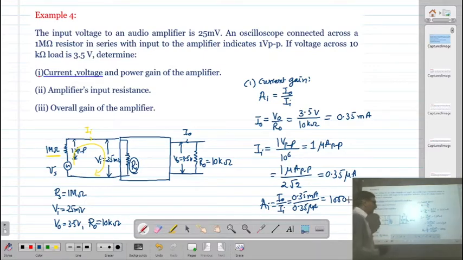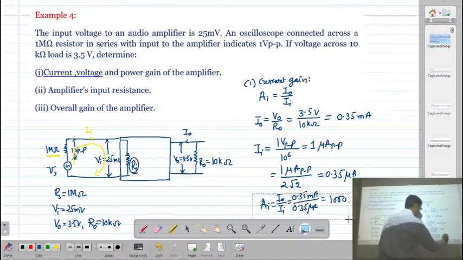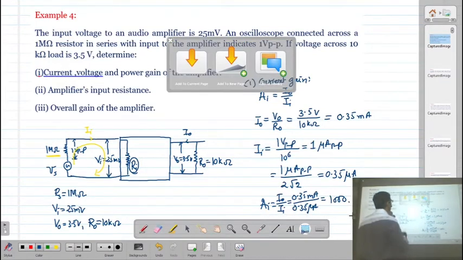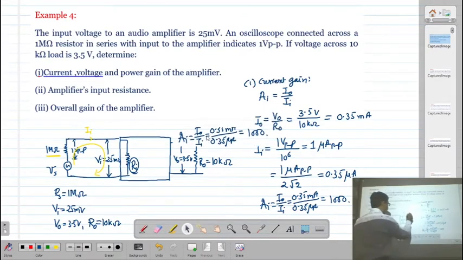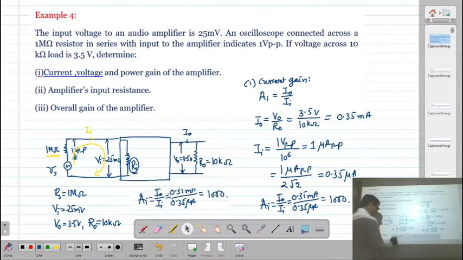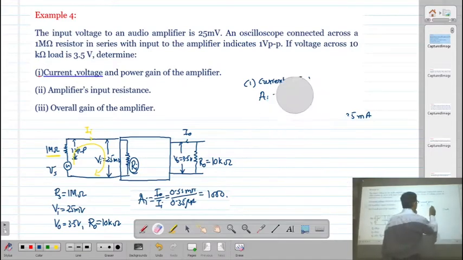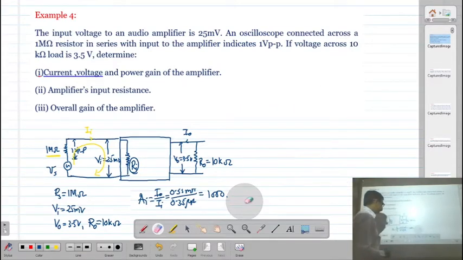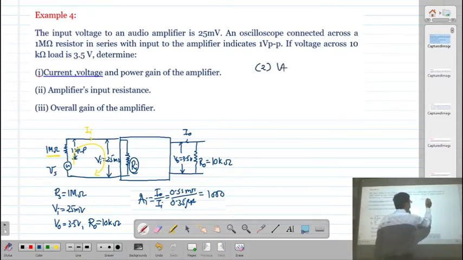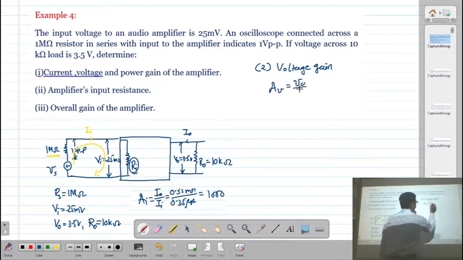Correct? Now let us see the voltage gain. The second one, voltage gain, is AV. It is the ratio of the output voltage to the input voltage.